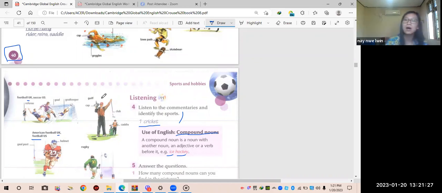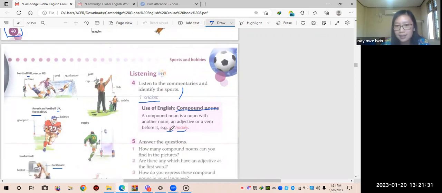So a compound noun means both parts keep their meaning. Like ice hockey, ice has its original meaning, and hockey has its original meaning, and they combine to become a new word, like air conditioning, washing machine. So they all are compound nouns, right? Living room, dining room. So they all are compound nouns, right?